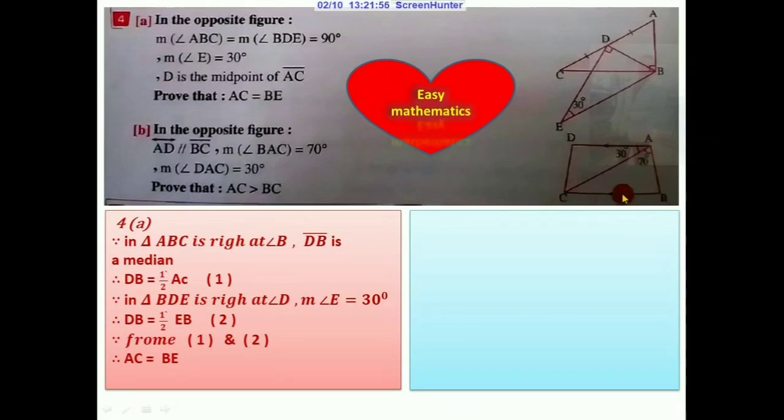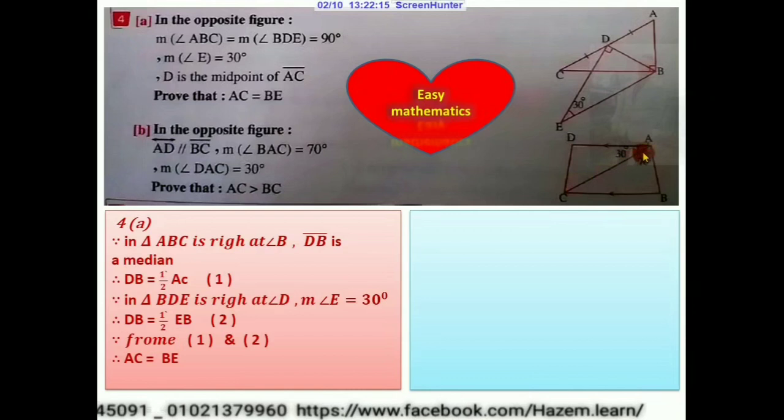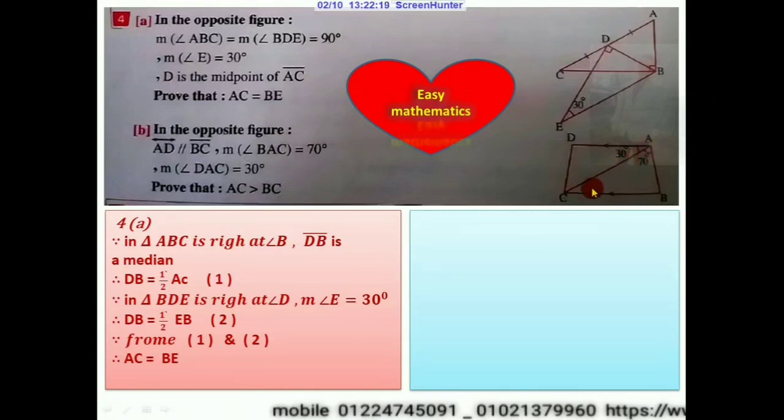How to find all angles? He gave me here only the measure of angle BAC. We need to find the measure of angle ACB. How? By using this parallel. He gave me AD parallel to CB and AC here is a transversal. So we note here the measure of angle DAC must be equal to the measure of angle ACB because they are two alternate angles.